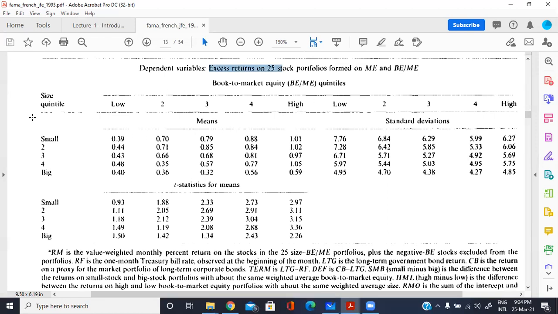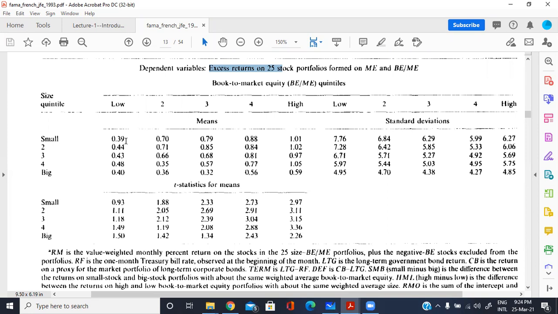Just try to understand, based on the size quintile, they have allocated the companies into how many groups? 5 groups, from small to big. And they have observed the excess return by looking at the 25 portfolios which have been formed using the size and also the value. I will talk about value later. Okay.